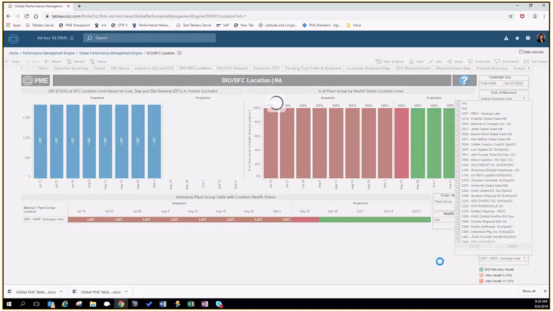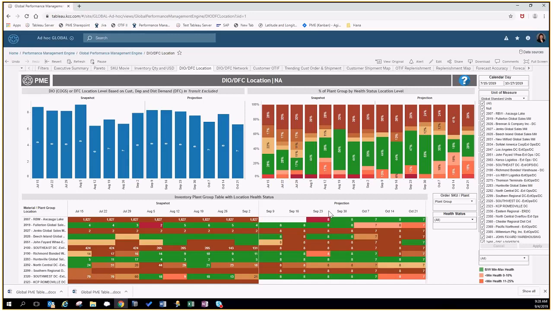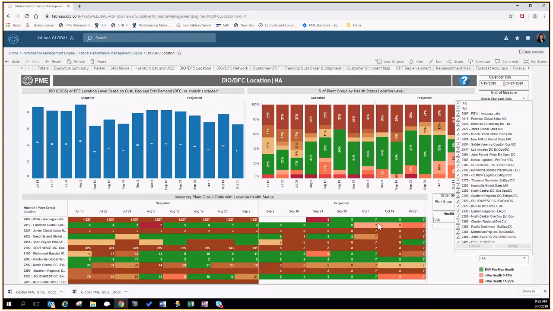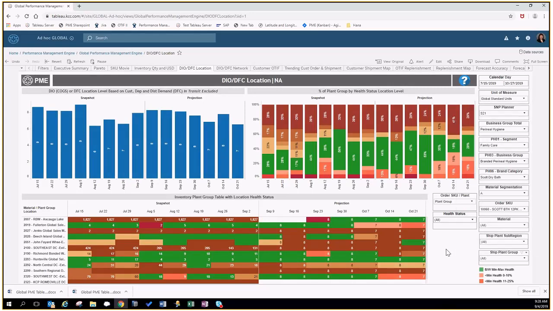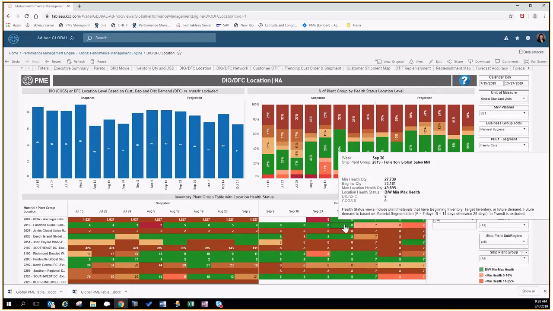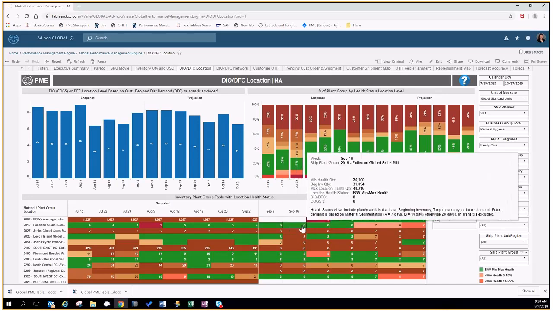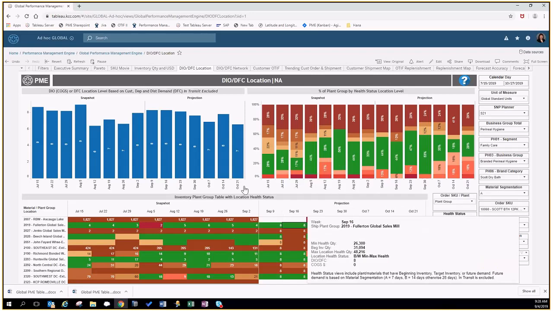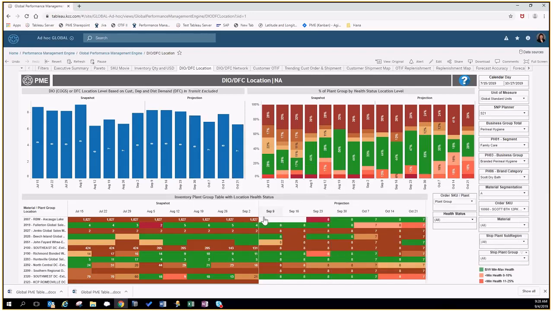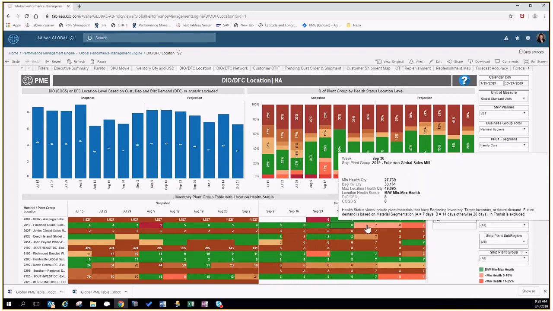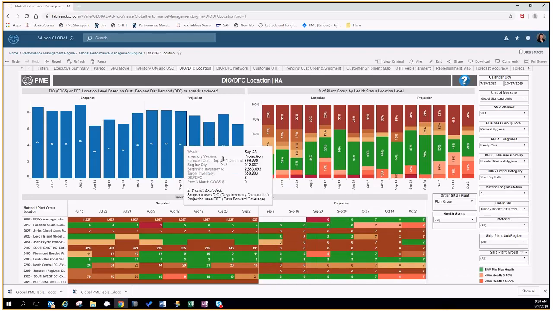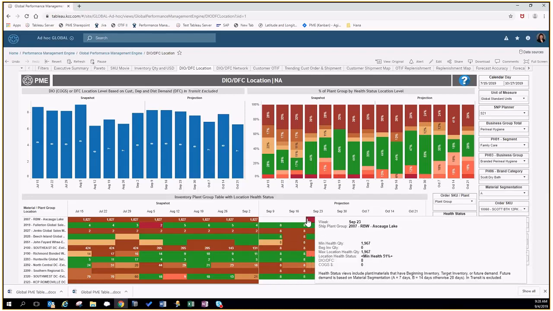This is ship plant group, which should be filtering these. So you could see that Masi, 2019 should have forecasted. These numbers should be showing up here. I don't know why when we filter on it, it goes away. So that's something else to check.